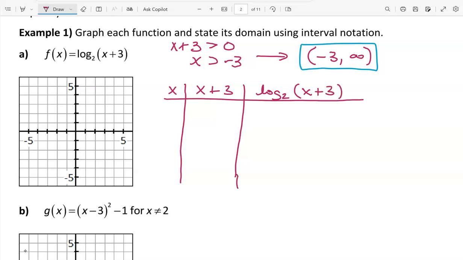Numbers that we know how to take the log base 2 of easily are 8, and the log base 2 of 8 is 3. 4, the log base 2 of 4 is 2. 2, the log base 2 of 2 is 1. 1, the log base 2 of 1 is 0. And 1/2, the log base 2 of 1/2 is negative 1.